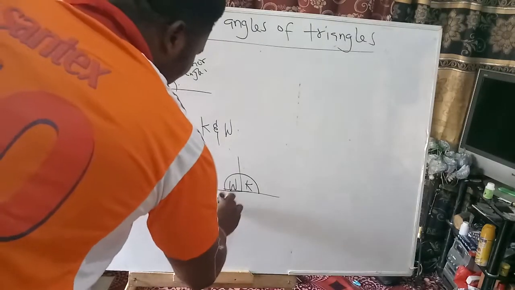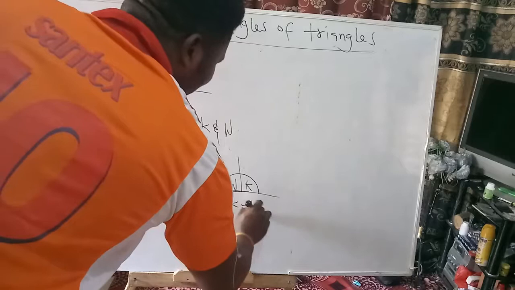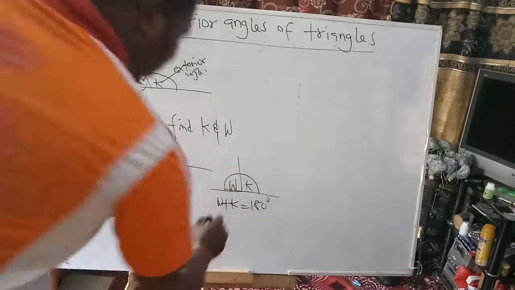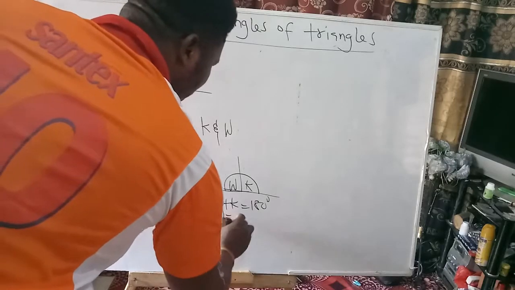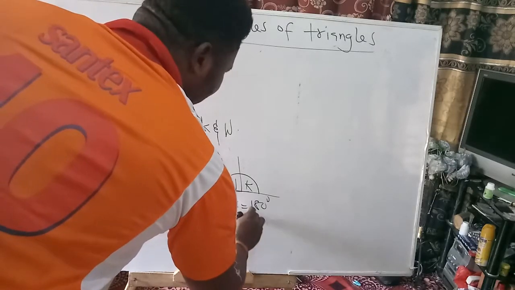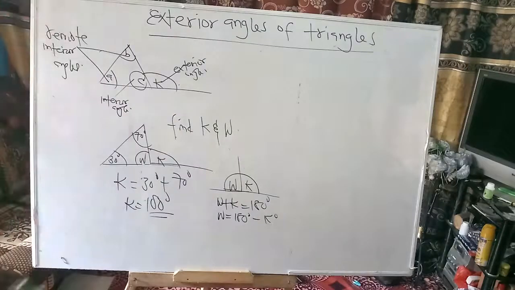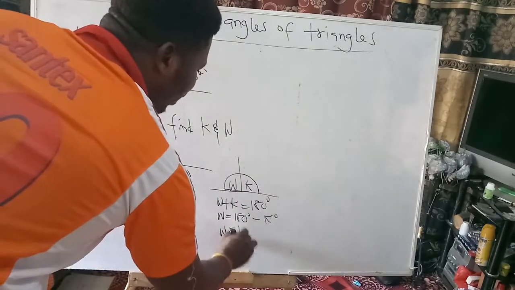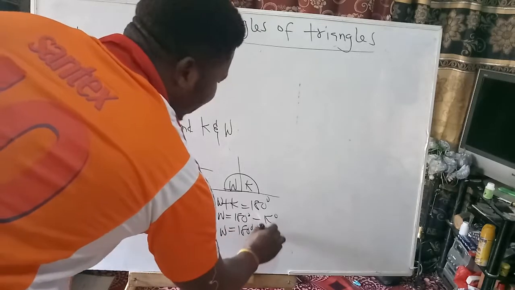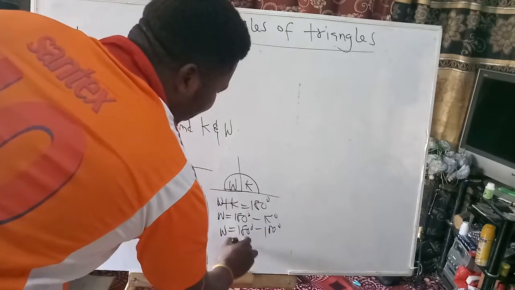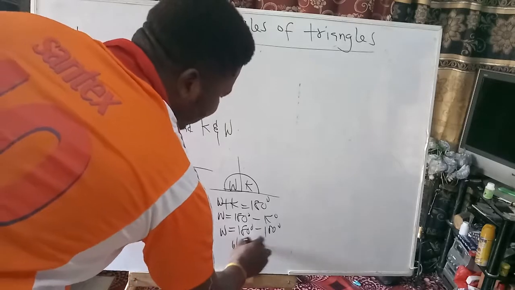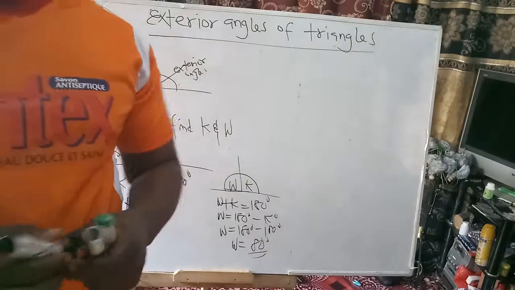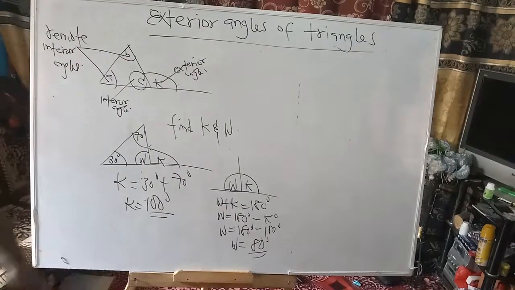So the angles W and K should give me 180 degrees. W plus K equals 180 degrees. So W is equal to 180 degrees minus K. I know K to be 100 degrees, so W is 180 degrees minus 100 degrees, which is 80 degrees. So simple. That is geometry for you.